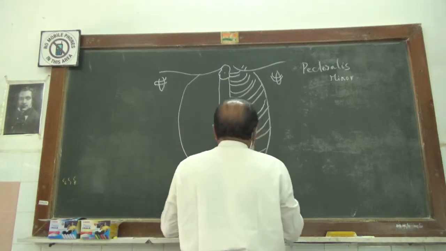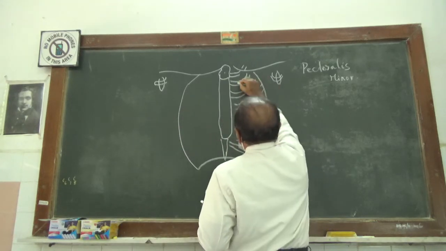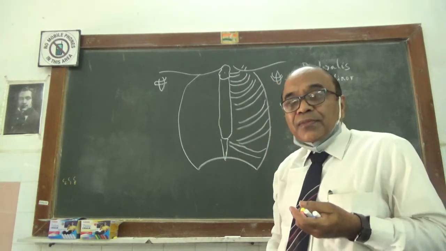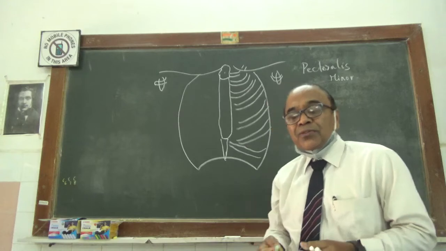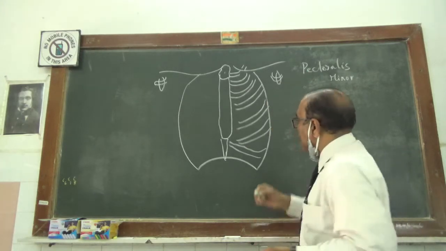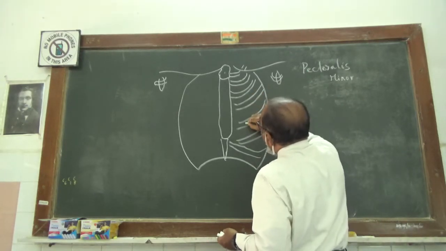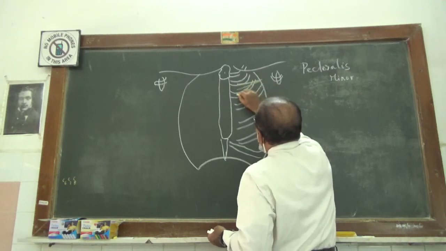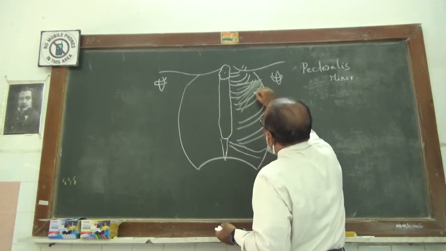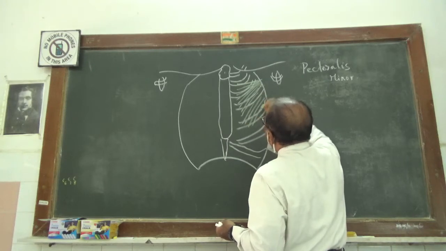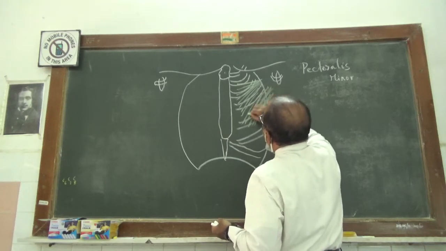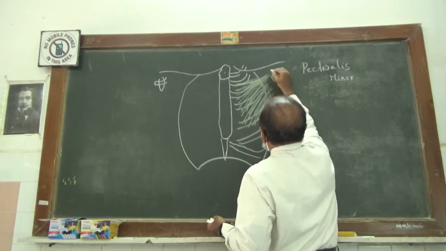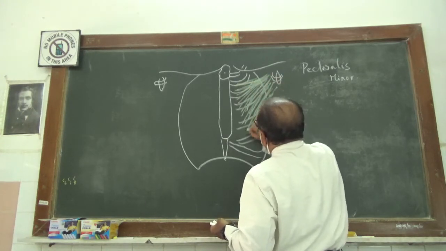The pectoralis minor muscle is present just behind the pectoralis major. This pectoralis minor muscle is triangular, small but thick compared to the pectoralis major.